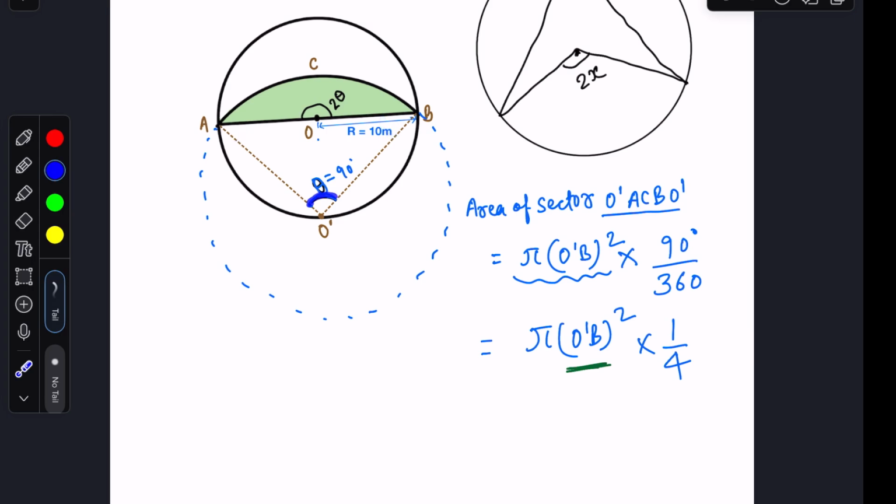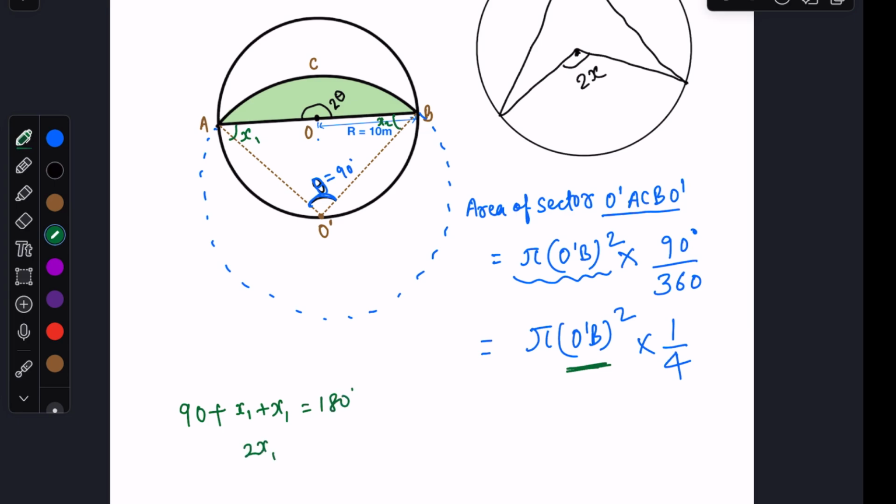If this is 90 degrees, then each of these has to be 45 degrees. How? We can easily calculate: this 90 degrees plus this angle, let's say x1, and this angle x2. x1 and x2 are equal, so x1 plus x1 is equal to 180 minus 90.